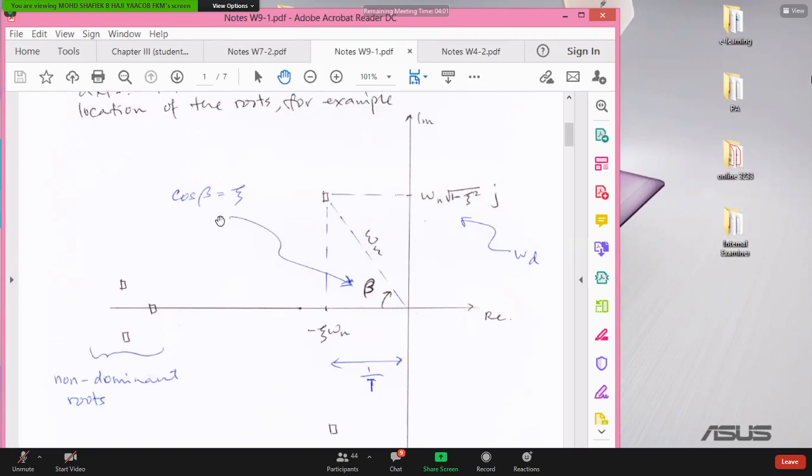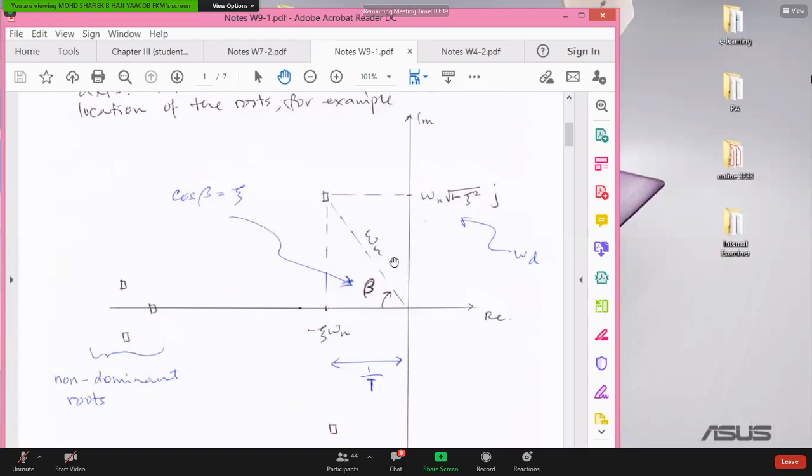And if the specification is given in terms of damping ratio, let's say the damping ratio must be less than 0.5, for example, then you need to measure the angle, and then you should not go below that line.